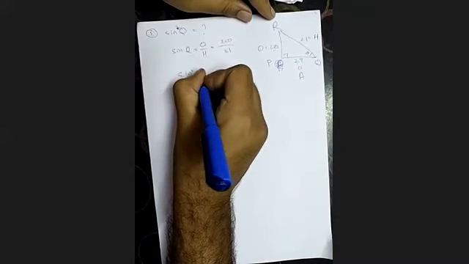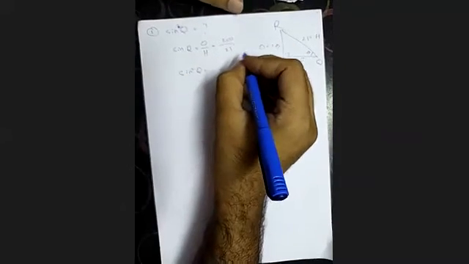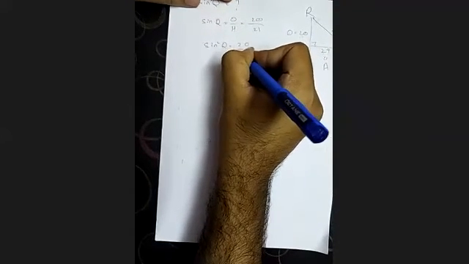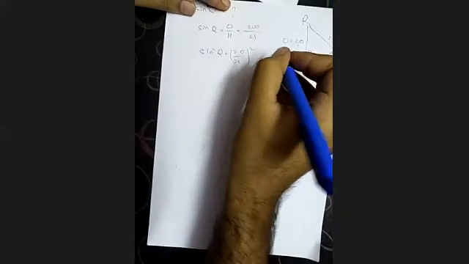Now sine square Q is equal to 20 by 21 whole square.